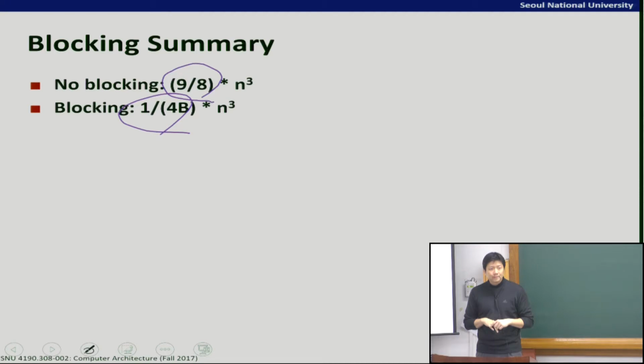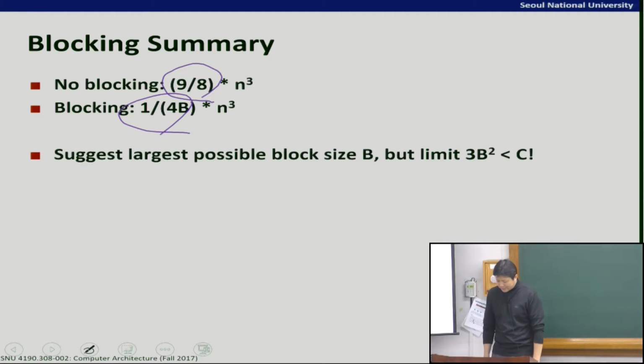Looking at these numbers, they suggest the largest possible blocks are desirable, because with a higher value of B we have fewer cache misses with blocking, right?